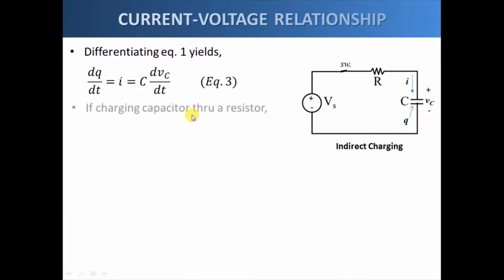Now if we apply this to the series RC circuit, we have an I that is a decaying function that starts at the maximum value V sub S over R, and then as time progresses, this current will actually decay towards a zero value.